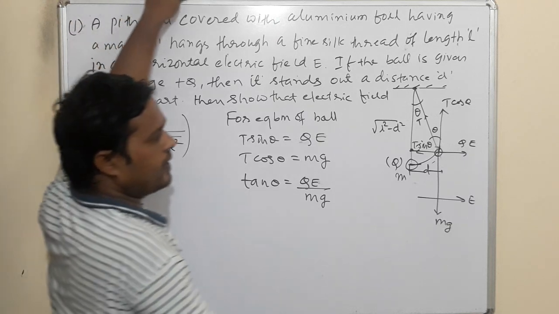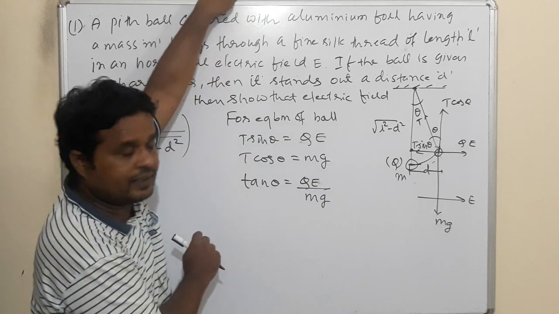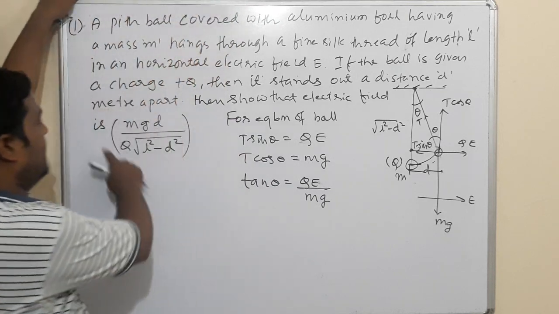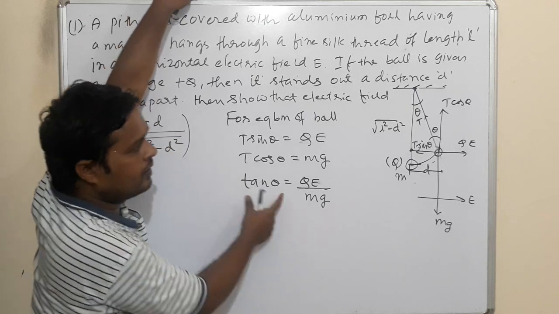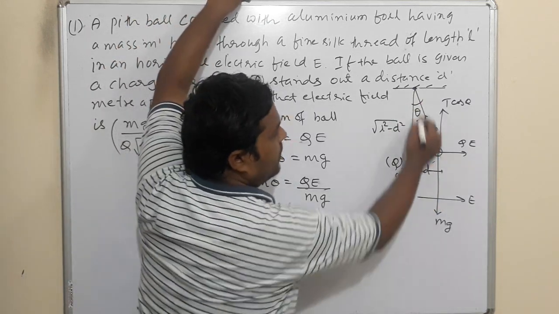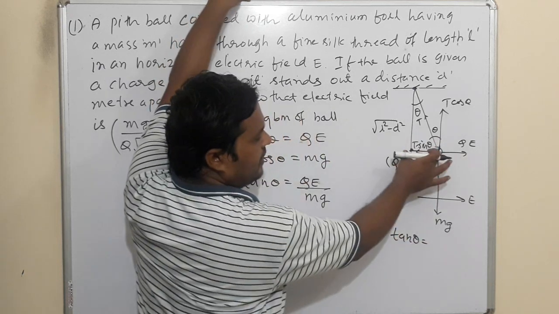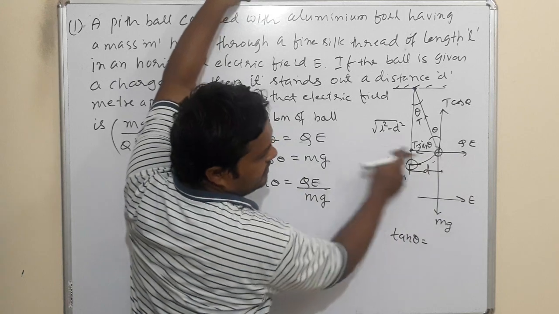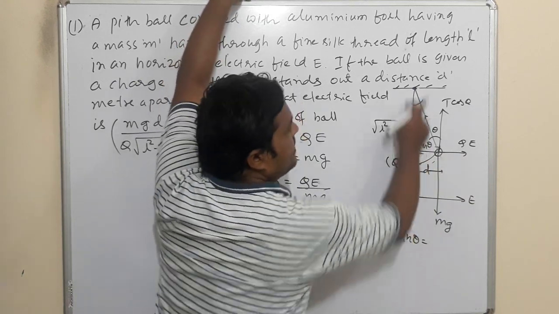If you want the answer in terms of L and D, then you can substitute this tan theta, because in our answer theta is not there. So tan theta has come here. Tan theta, from this figure, this distance d is opposite and this is adjacent.